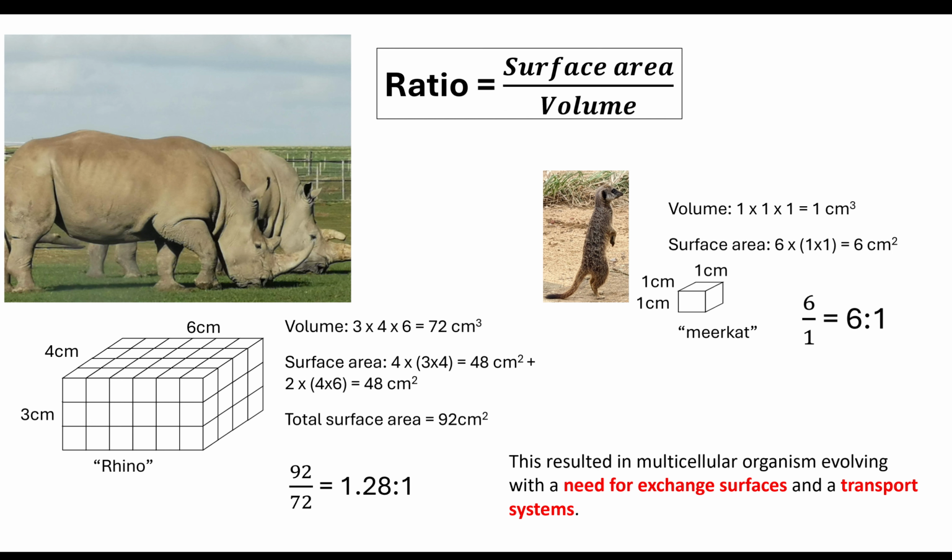Animals and plants are both multicellular organisms, and because of that, our surface area to volume ratio has decreased. So what needs to happen is an exchange surface to allow for the exchange of substances, and a transport system.